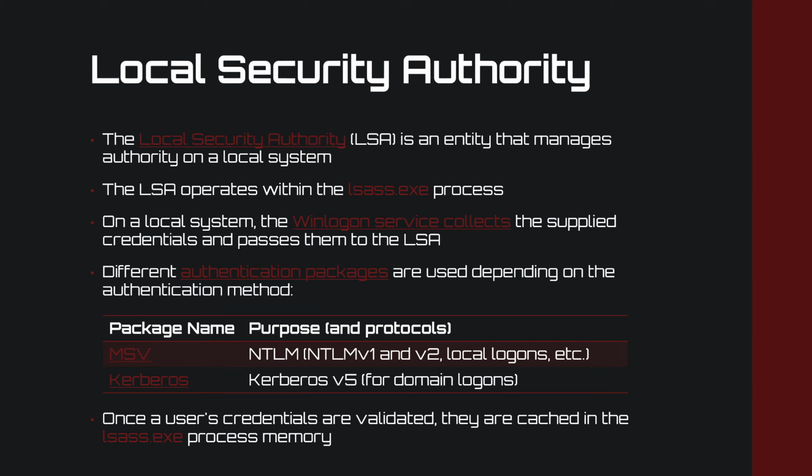Now, the important point is that whenever these authentication packages validate credentials, some of them, like MSV, cache them in memory for reuse whenever necessary without having to prompt the user again. And these are cached in the lsass.exe process.